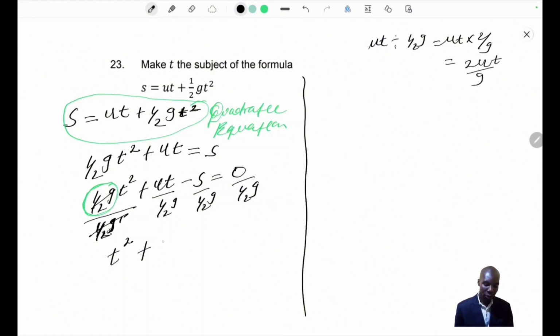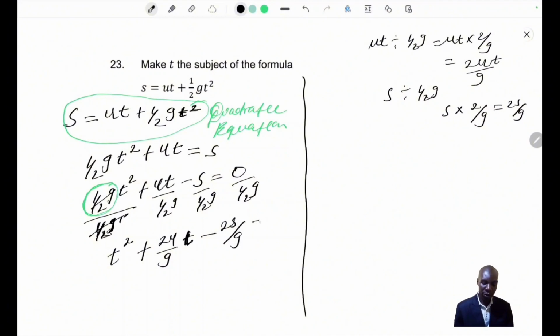So here we'll have 2u over g t, minus s divided by a half g, which is the same as s times 2 over g, which is 2s over g. So we'll have 2s over g equals 0.